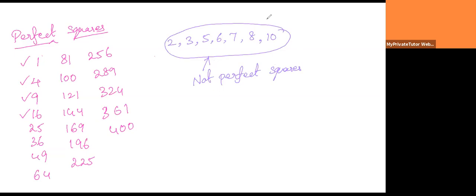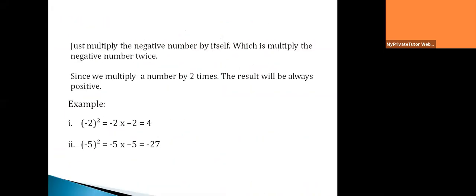Let's go to the negative numbers now. What do you mean by finding squares of negative numbers? Again, it's straightforward. Just multiply the negative number by itself. Since we are multiplying two negative numbers, the result is always positive.